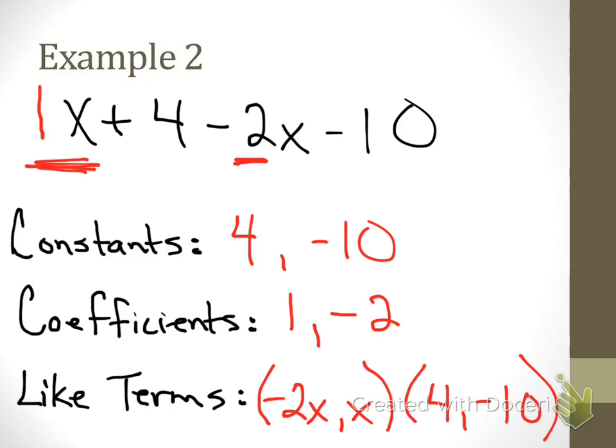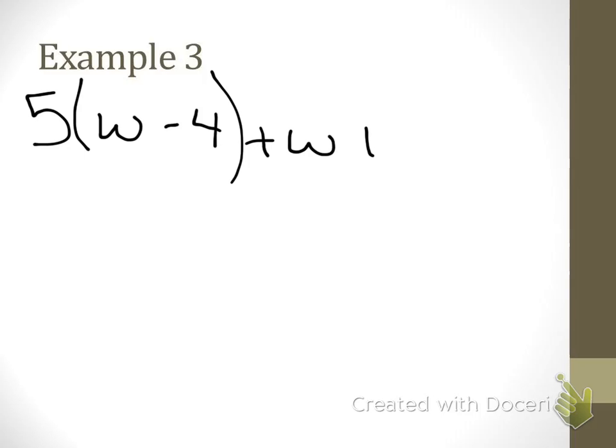All right, one more example. Example 3. The instructions say to simplify the expression 5 times w minus 4 plus w plus 8. Now, order of operations tells me what do I need to do first? McKee? Do what's in parentheses. But I have a problem here because can I combine w and negative 4?